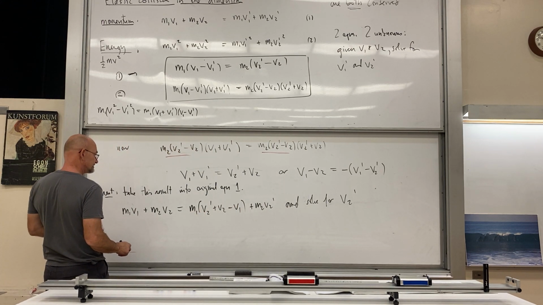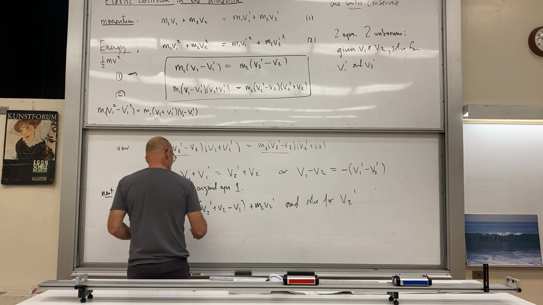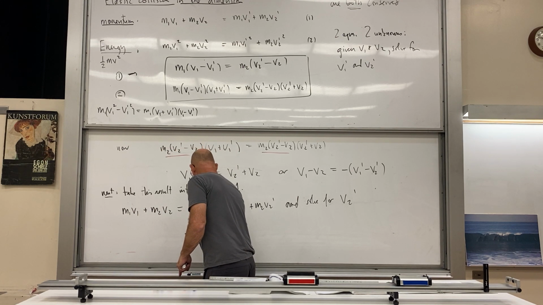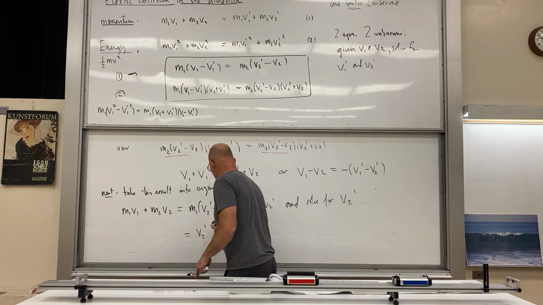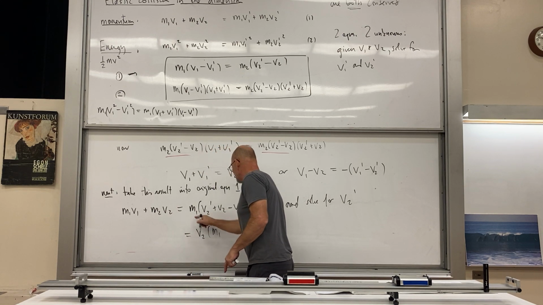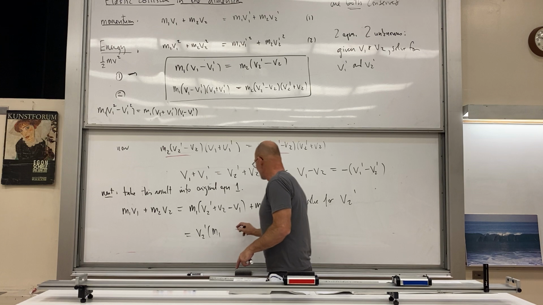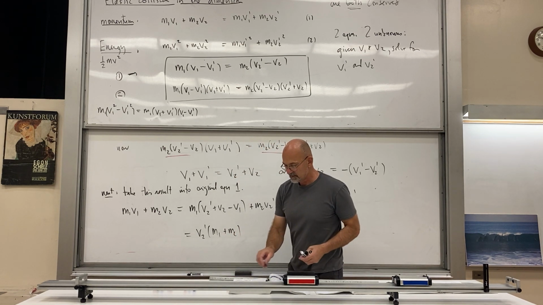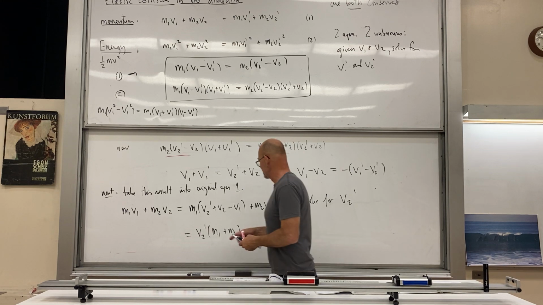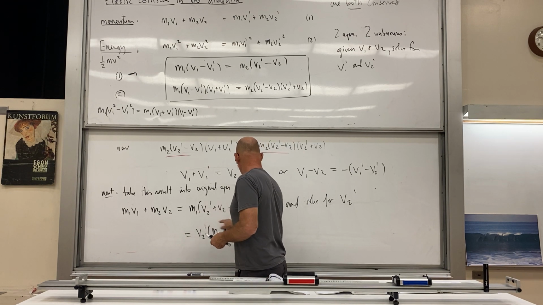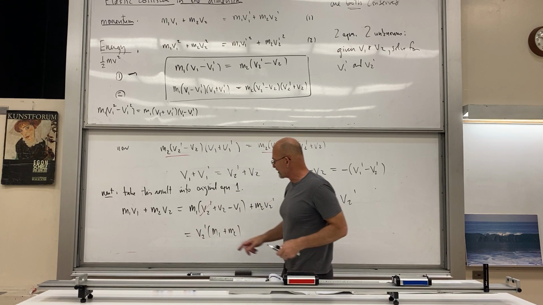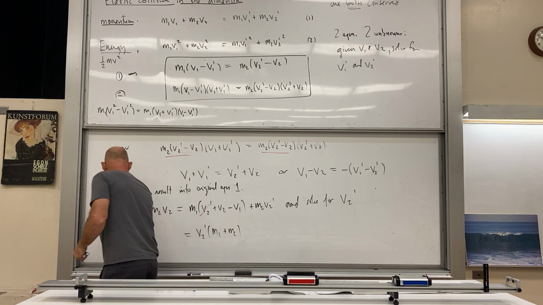We'll do the V2 prime on this side. We're going to have V2 prime times M1 plus M2. Strike these. And then we're going to have M1 V1 plus M2 V2.